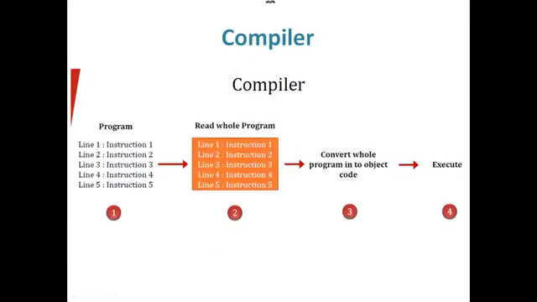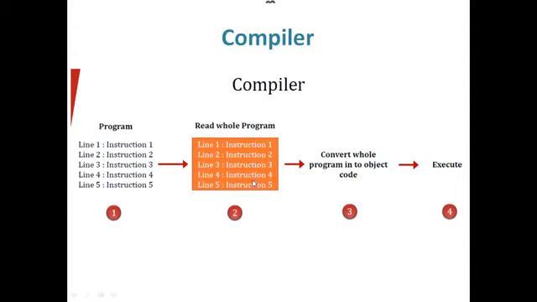So here you can see an example. We have written a program in a high-level language, and there are 5 instructions in this program: 1, 2, 3, 4, 5. Then the compiler will read the whole program and convert it into the object code. This is the source code. The compiler will read the whole program and convert this into the object code if there are no errors in these instructions.